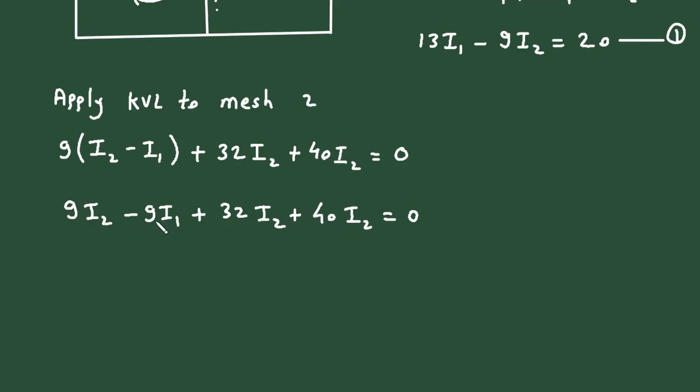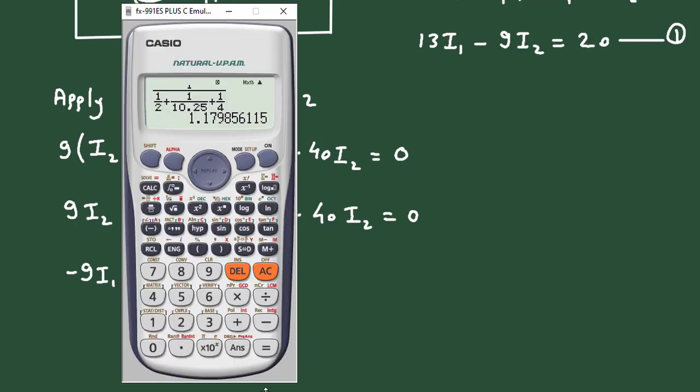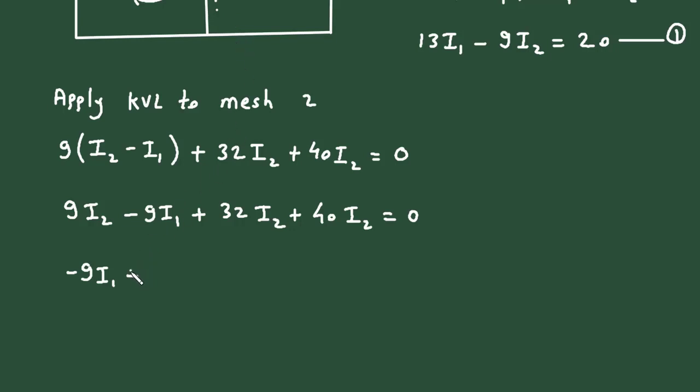So it will be minus 9I1, then this will be 9 plus 32 plus 40. So it is 81. So plus 81 I2, and it is equal to 0 because here there is no constant. Let's say this is equation number 2.